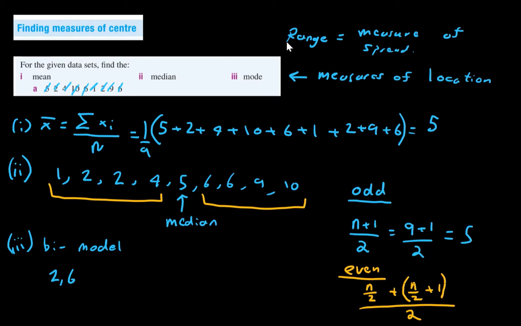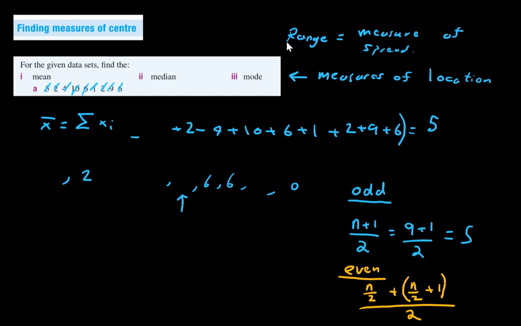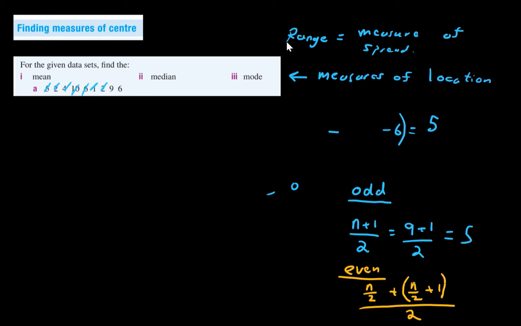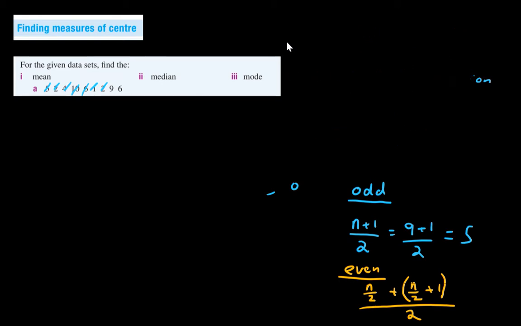Okay, so the key is to make sure that you can find the median in odd data sets and even data sets. Let's have a brief discussion of each of these measures of location, and then we'll have a look at the effects they have on skewed data.